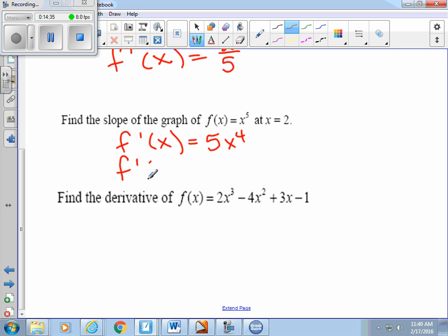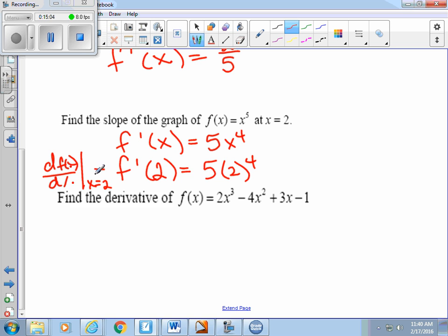The notation in Newton notation would be f prime of 2. The notation in Leibniz notation would be the derivative of f of x with respect to x at x equals 2.